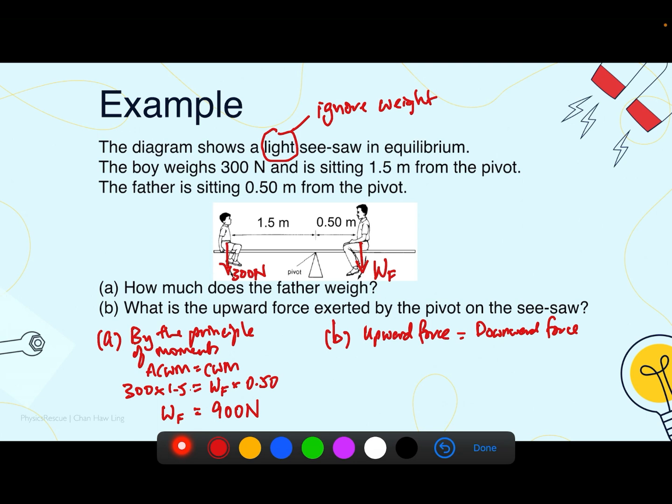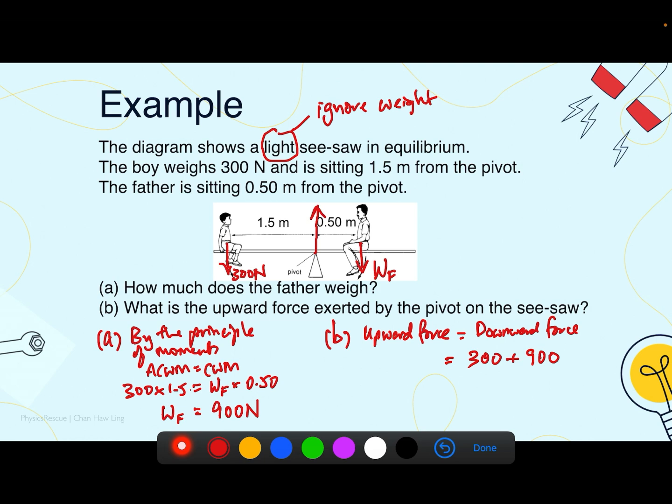We already know that the downward forces are the weight of the boy, 300 newtons, and the weight of the father, which we have found to be 900 newtons. Now the upward force would be the upward force acting by the pivot on the seesaw, on the plank.